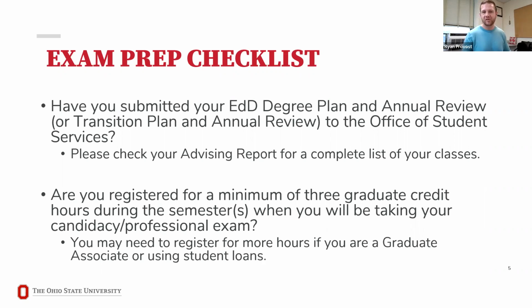And as Elisa mentioned in the chat, that's any part, whether it's your written or oral exam, you will have to be registered for 3 credit hours during that period of time.